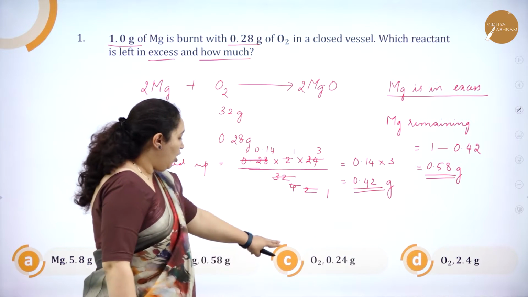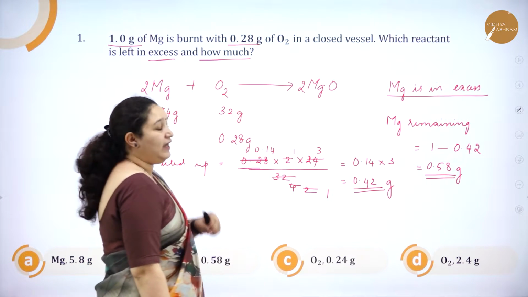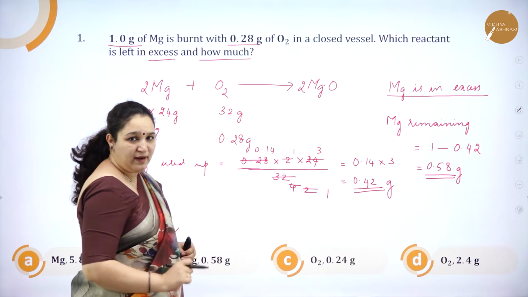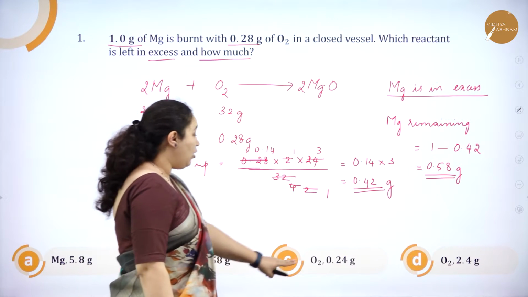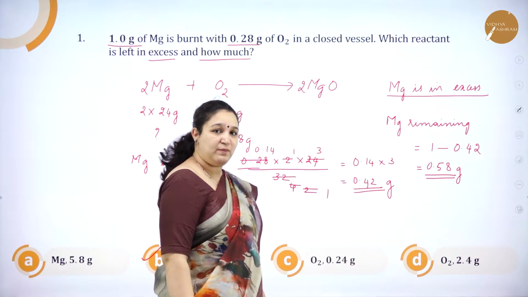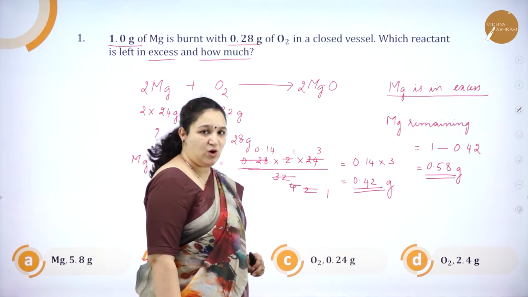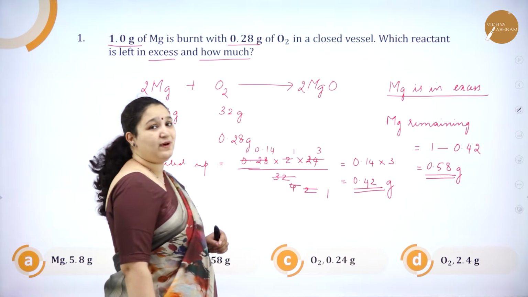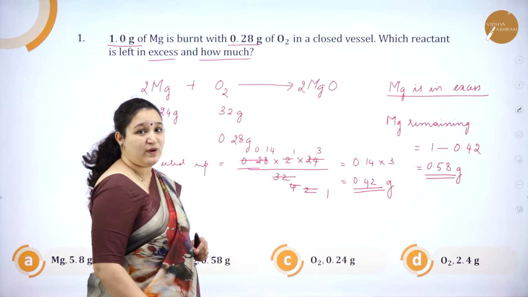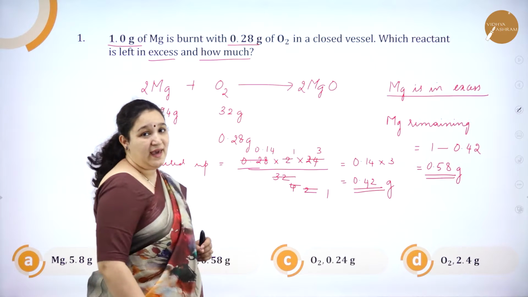Next you see oxygen. Oxygen they have taken is only 0.28 grams. Then how can 0.24 grams remain? If you see the equation, you will get an idea that even this one is wrong. And also oxygen is the limiting reagent. What is the question? They have asked us which is in excess.